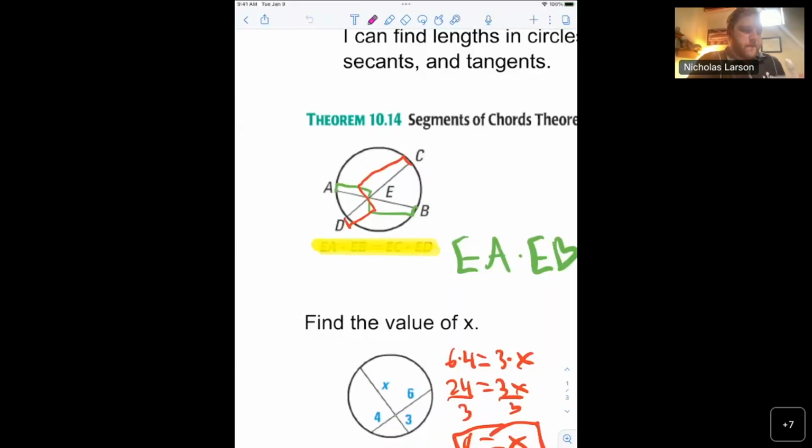We are looking at segments of chords. So again, maybe looking at not the angles this time, but the actual segments. Oh, I see it. Okay. And so what I can choose is I can say that these two segments are going to be equal.